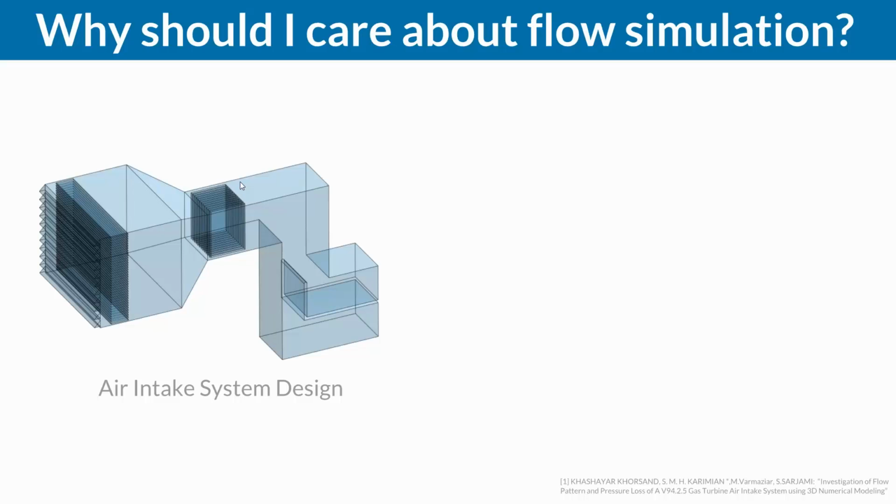But before we move on, a colleague of mine found a very interesting paper that deals not with that air intake system, but with another one that you can see in the sources at the bottom. There was a little back of the envelope calculation on how much leverage an optimization or an improvement of such an air intake system design can have for the entire operation of the gas turbine.